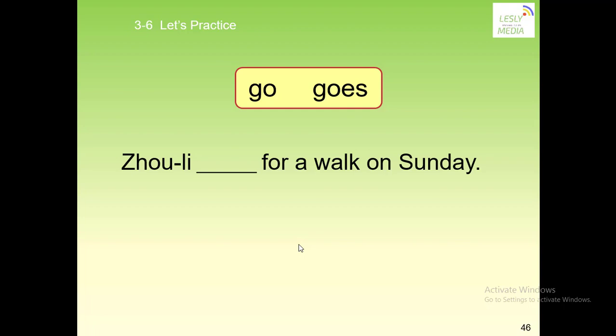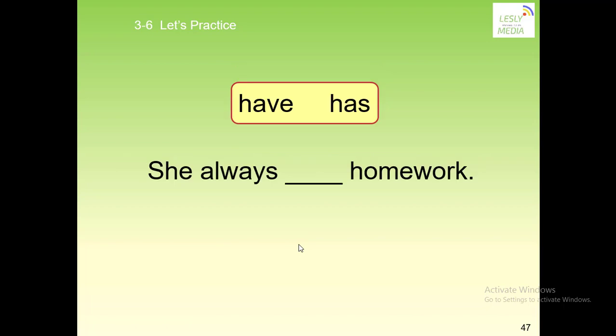Yeah, that's correct. Goes. Why goes? Because Zoe here is he. Yeah. Okay, next. She always blah blah homework. Have or has? Yeah, the answer is has. Why? Because the subject is she.